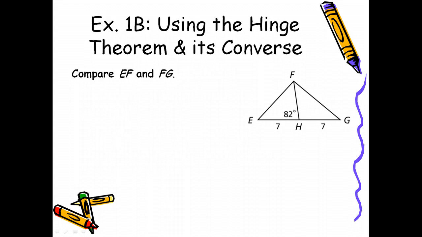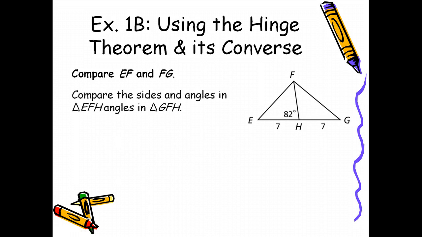Let's look at another one. We'll compare EF and FG. First, we're going to compare the sides and angles in the two triangles, EFH and GFH. The measure of GHF is equal to 98 degrees because we take 180 and subtract the 82, because these make a linear pair.